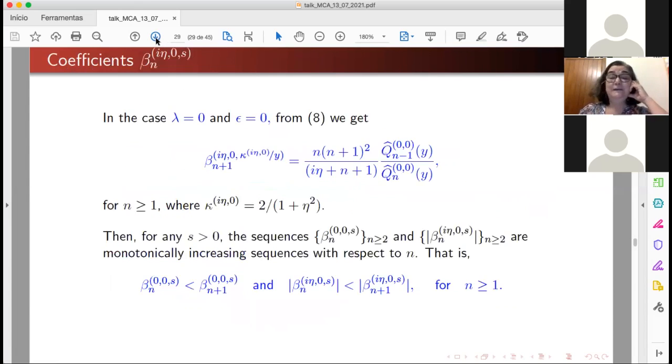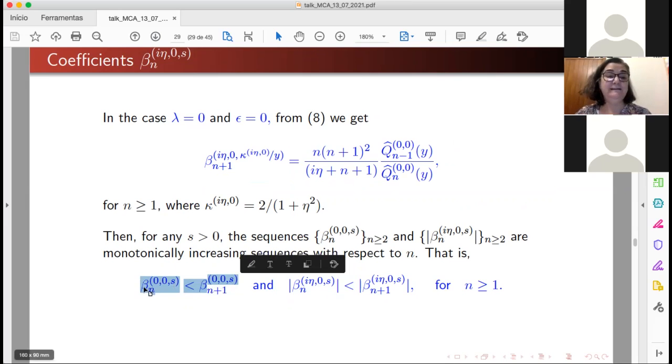And when lambda equals 0, we managed to prove a little bit more. We managed to prove this inequality here, with eta real but lambda 0. And also when both eta and lambda are 0, we have these inequalities.